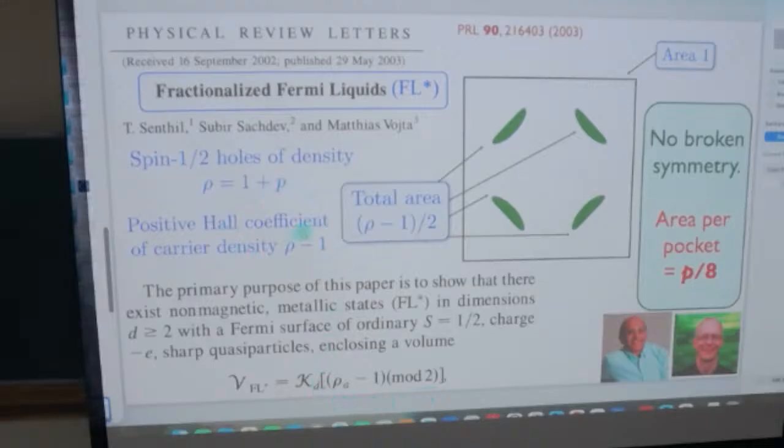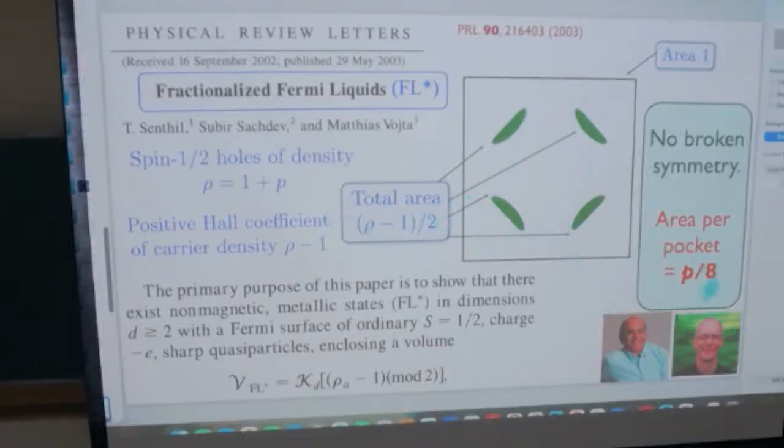And we argued that there can be other states, which are entangled states, where the density is shifted by exactly 1, rho minus 1. Rho is the total density, but in this case would be 1 plus P. And this state would have a Hall coefficient which is P, rho minus 1. And the total area enclosed by the Fermi surface should be rho minus 1 over 2.